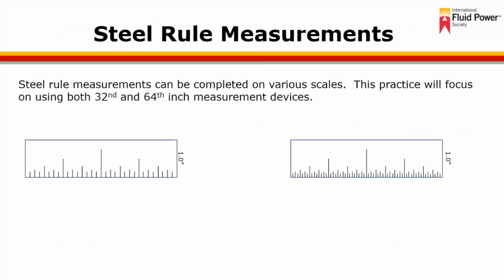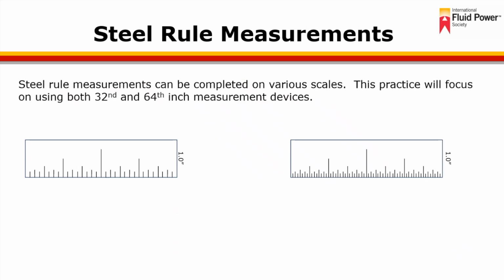Steel rule measurements can come in various scales. This could be an 1/8 inch scale, in other words, 8 divisions per inch, or a 16th scale, 16 divisions per inch, of which most tape measures used for construction utilize one of those two sizes.